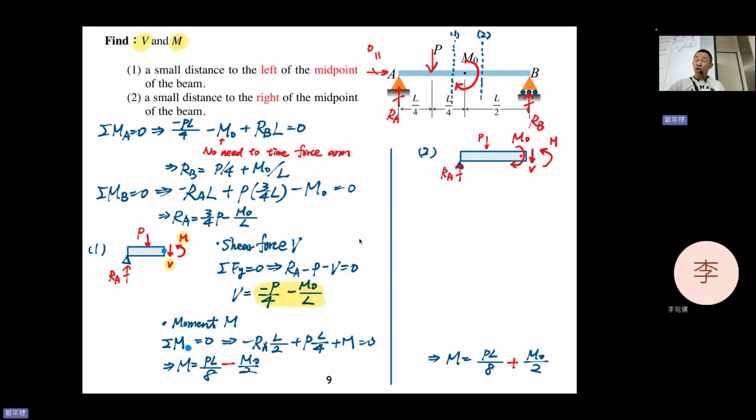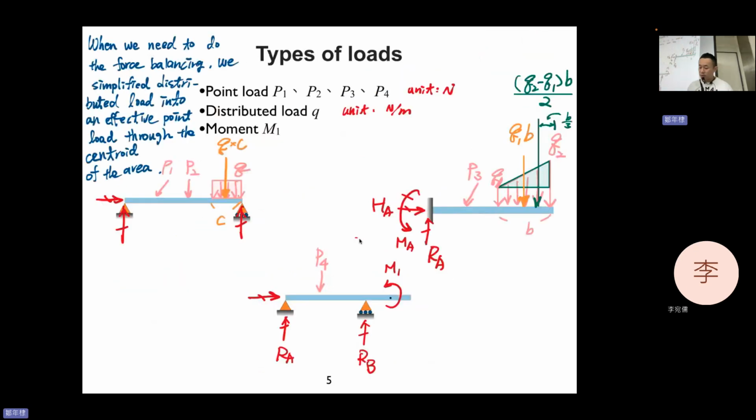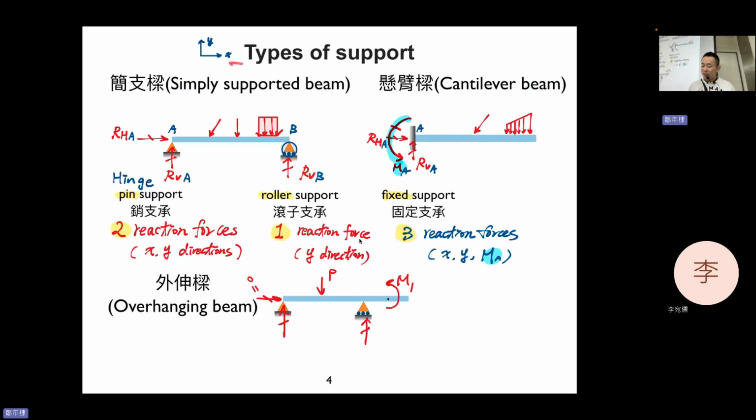Chapter 4. So last time we talked about shear and moment diagrams. We also talked about really important concepts, that we will have several types of support: pin, roller, and fixed supports.